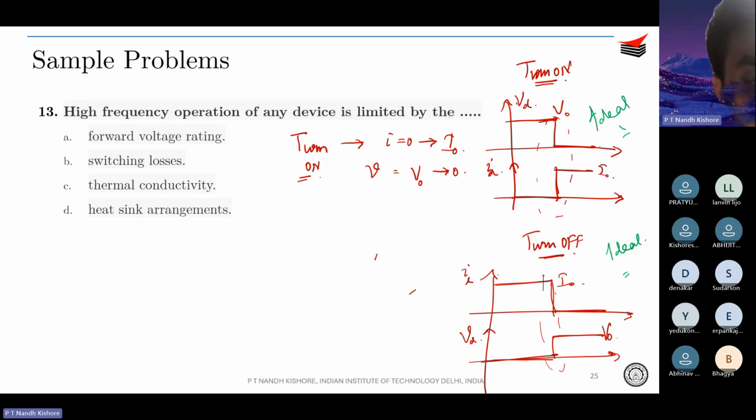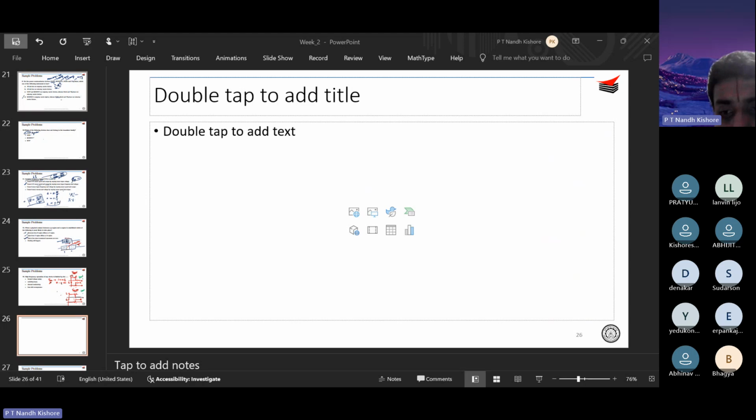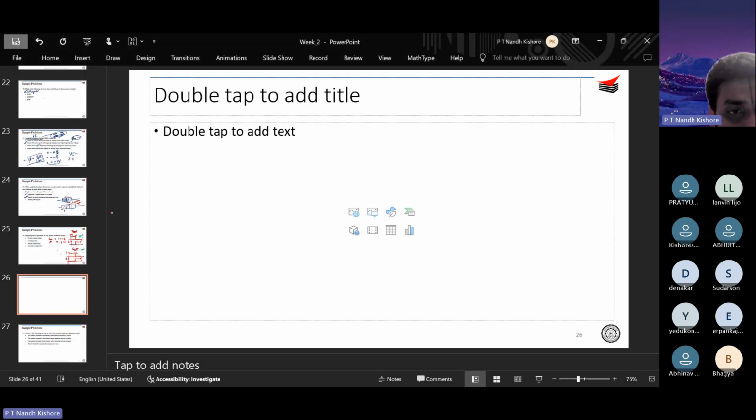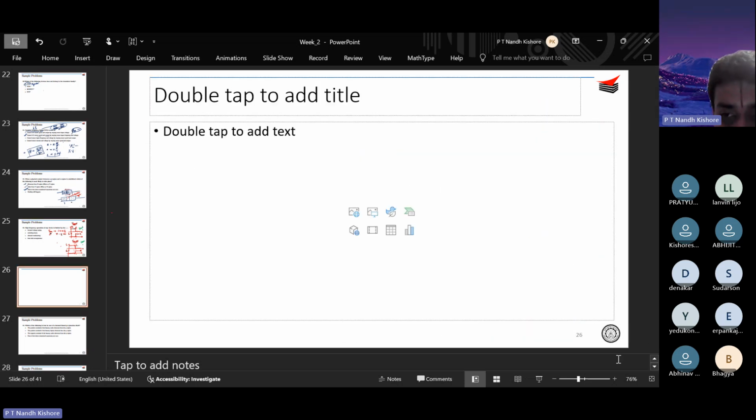However, practically, let me take a new slide. Practically, during turn on, the current will not increase immediately from 0 to I naught.